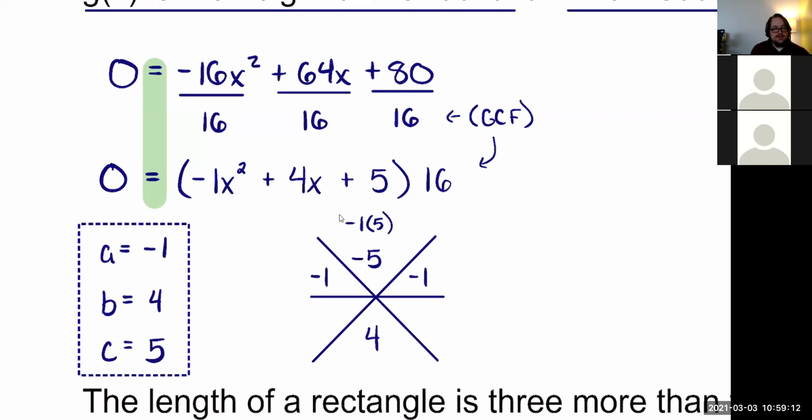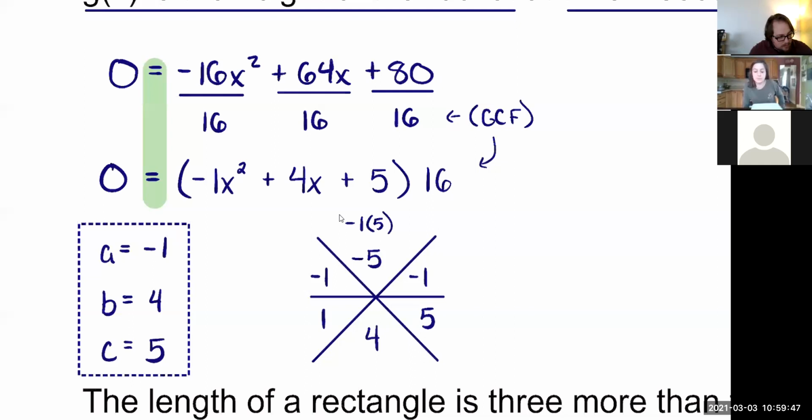So I need two numbers that multiply to equal -5, but also add to equal +4. We're in luck. There's only one pair of factors for 5, and it's 1 and 5. The trick here is going to be playing with those signs.